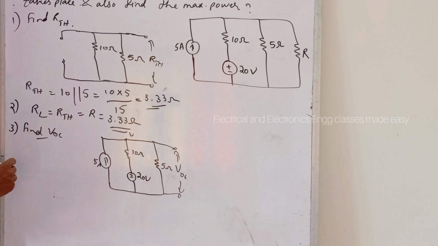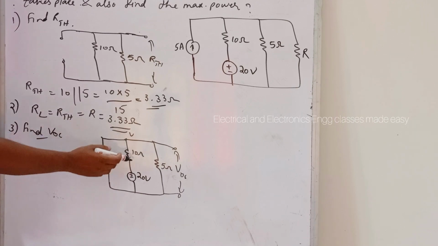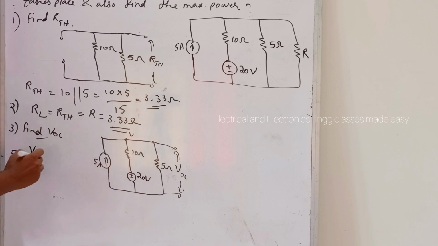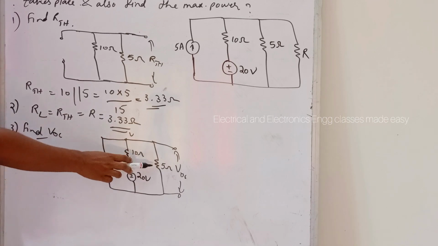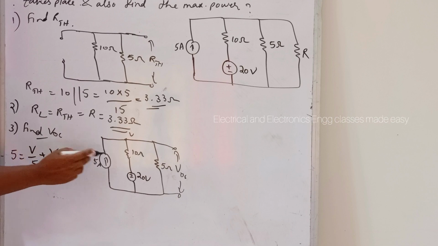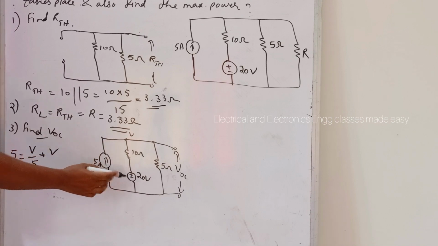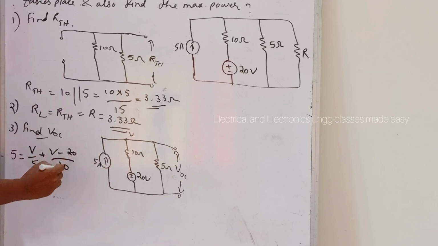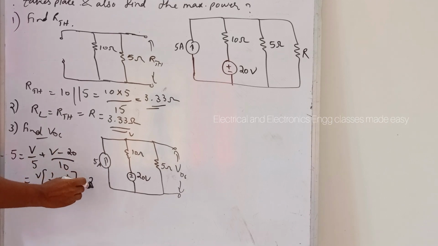Then we can write, this is the current source. So 5 is equal to V divided by 5, then plus, here this is plus 2 minus, so (V minus 20) divided by 10. That is equal to V into (1/5 plus 1/10), then minus 20 by 10 is 2.